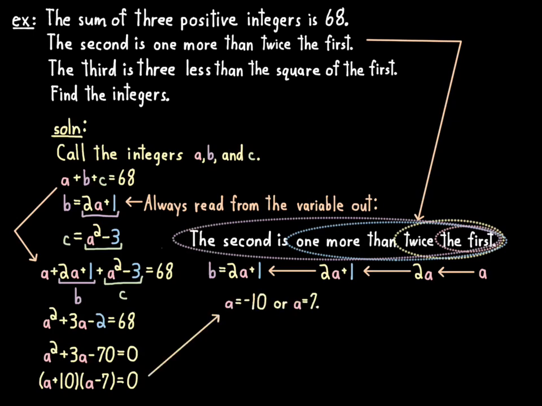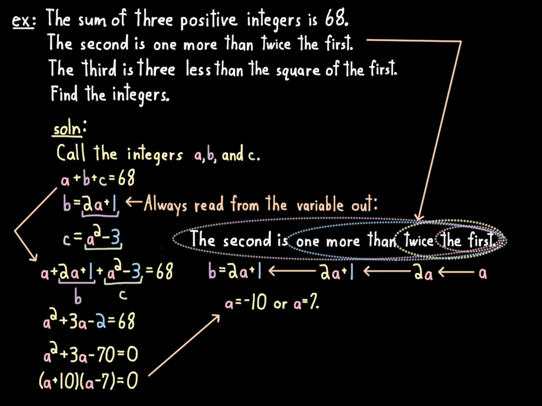Okay, and write that down. Don't just write down minus 10 and 7 because you're looking for three numbers and that'll be confusing. It's a is minus 10 or a is 7. Now you look back up here and it says the sum of three positive integers, right? Positive integers. So it can't be minus 10. So you cross off the minus 10 and you know that a is 7.